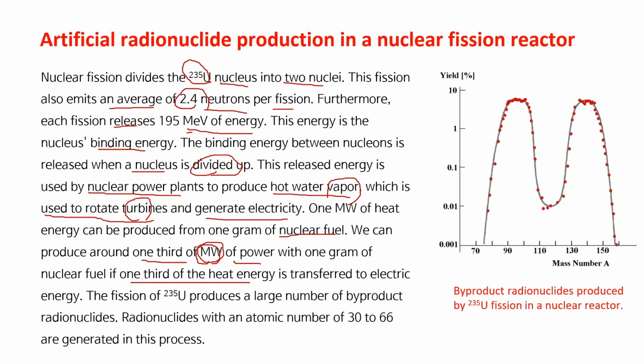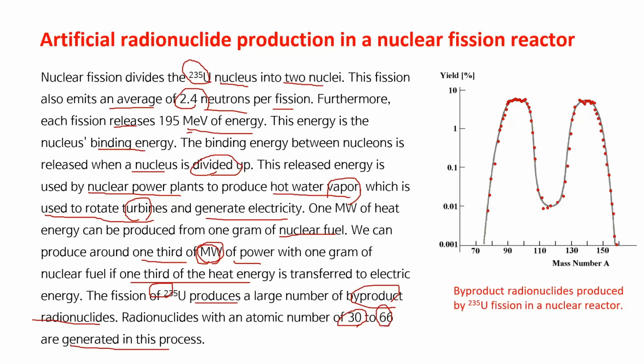The fission of uranium-235 produces a large number of byproduct radionuclides. Radionuclides with an atomic number of 30 and 66 are generated in this process.